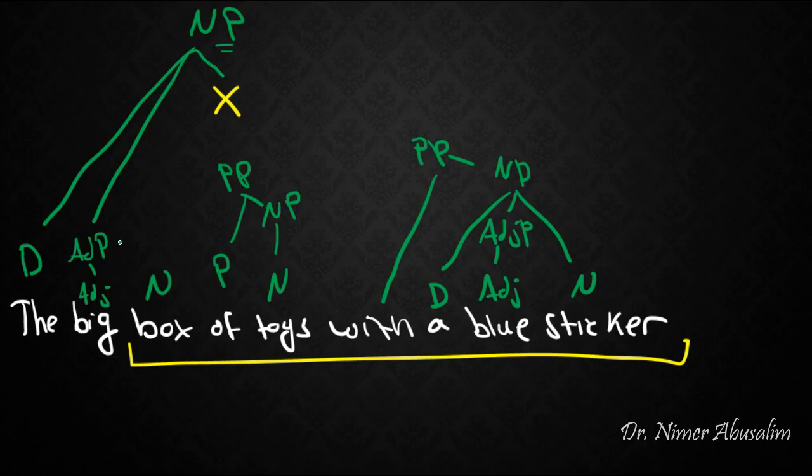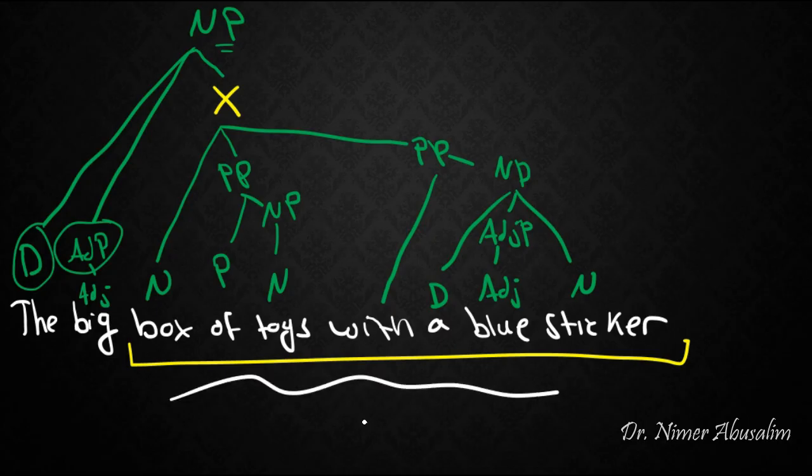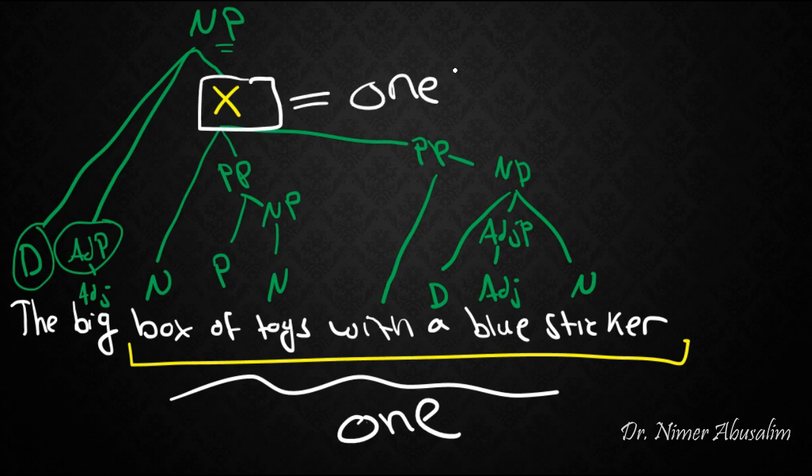X is now sister to the adjective phrase and the determiner, and the constituents of X are the noun, the head noun, the PP, and another PP. Now this structure looks a bit better because now we see that when we replaced all of this with one, really what we're doing is replacing this with the word one. Now it's easy to target one node here and everything that's underneath it.